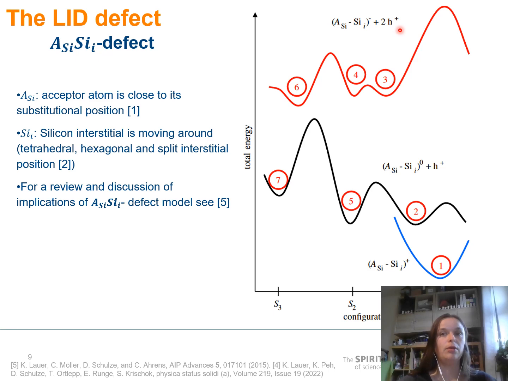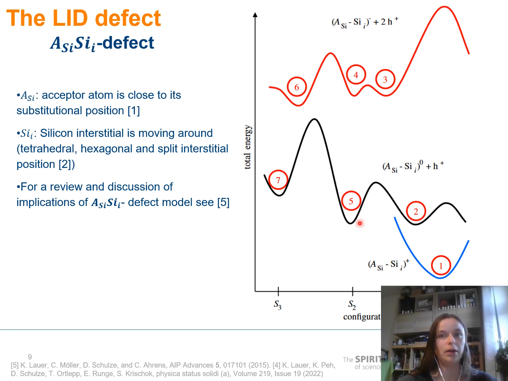We identify the P-line as the neutral ICMSN defect in configuration S2, which binds the exciton.